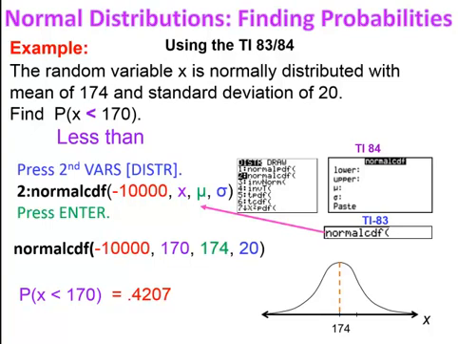So when we're looking for a value of 170 or less, that is on the left-hand side of 174, so we would expect that the area under the curve would be less than 50%, or 0.5000, because remember, the line of symmetry cuts the curve into two equal parts. So you want to understand what the mean is representing here and what value you're looking for.